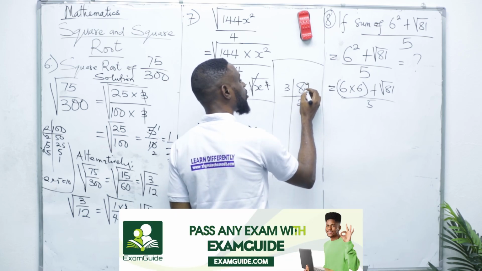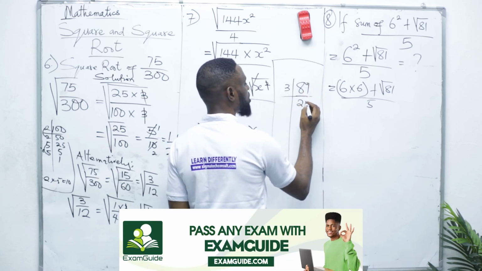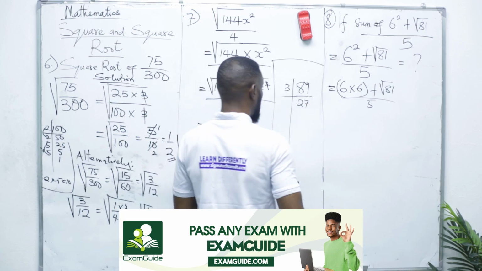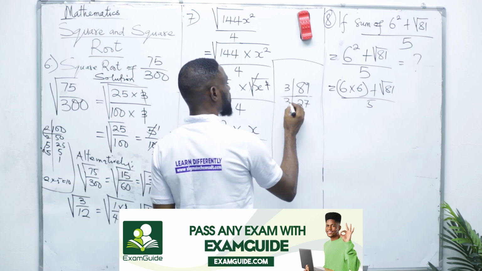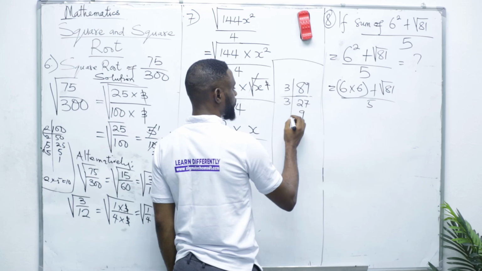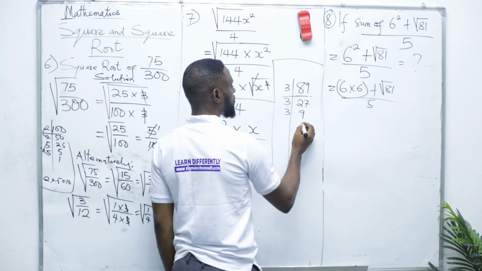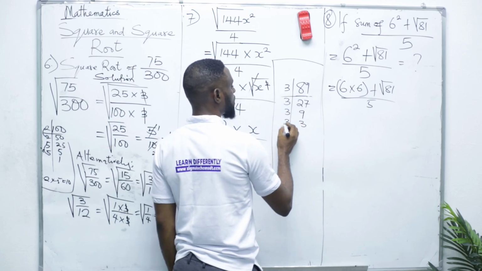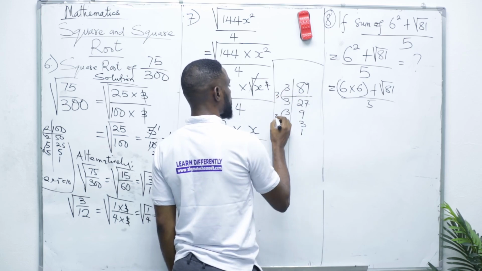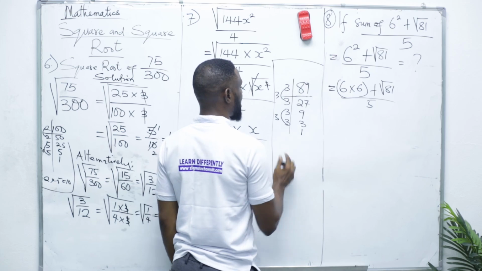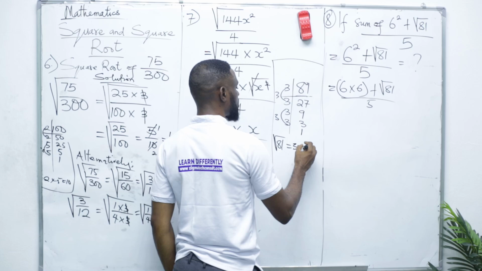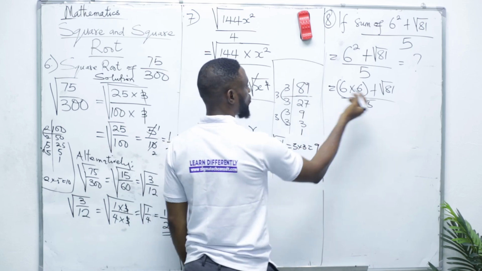We put 2 to 1, it becomes 21. 3 into 21 is 7. The next thing is 3 into 27 is 9. 3 into 9 is 3. 3 into 3 is 1. So we bring it in twos. This is 3 and this is 3, so square root of 81 is equal to 3 times 3, which is 9.